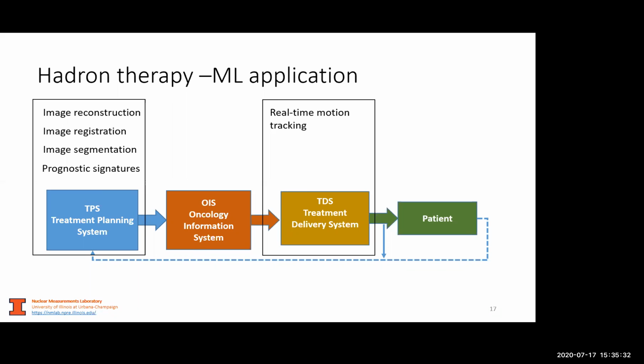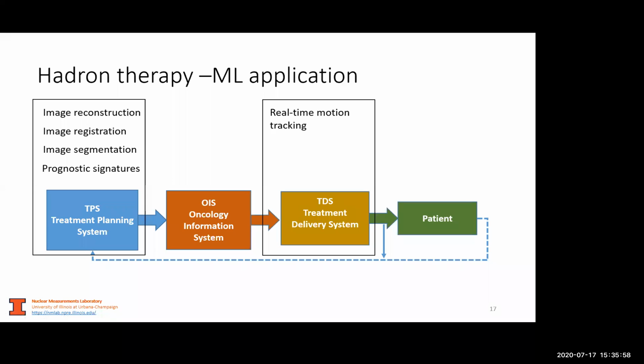That said, when the treatment planning system is used by radiation oncologists, there are several steps that need to be done before. First of all, the TPS is based on a reconstruction of the patient anatomy, so typically on CT scan images. Then that image needs to be registered.